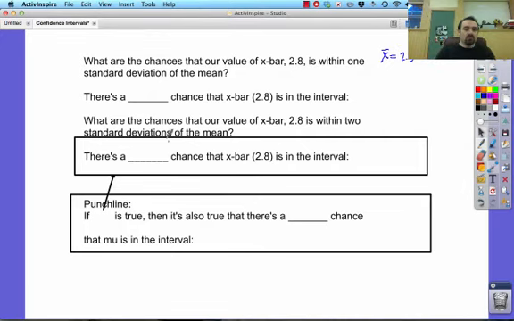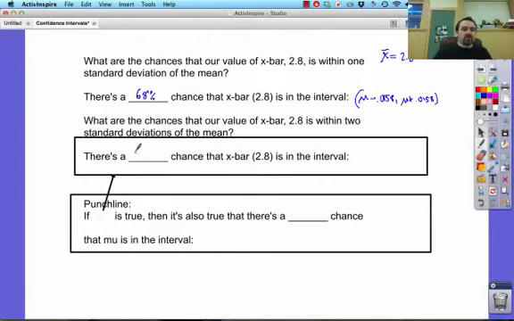By the 68-95-99.7 rule, there's a 68% chance that x bar is in the interval from mu minus 0.0158 to mu plus 0.0158. Now we don't know what mu is, but whatever it is, that's going to be true. There's a 68% chance that 2.8 is in this interval.